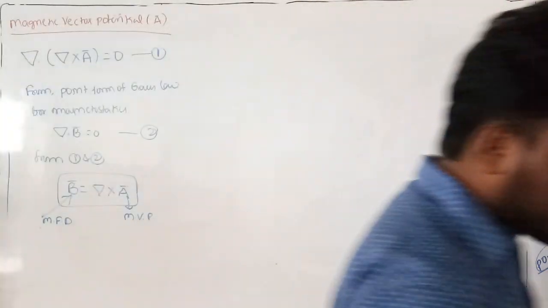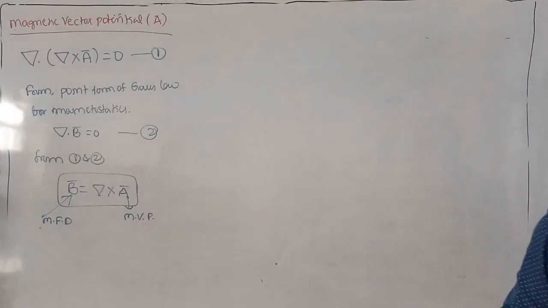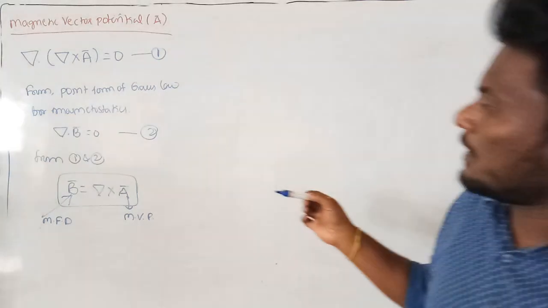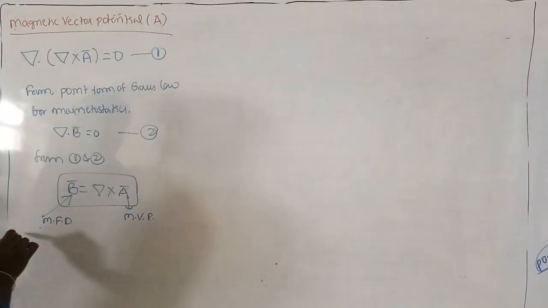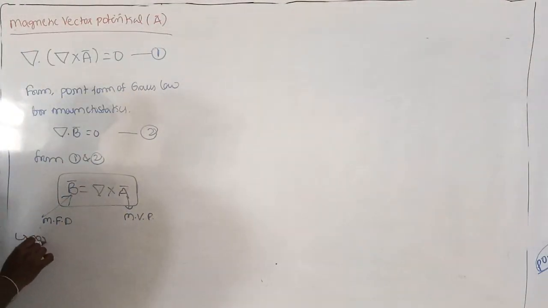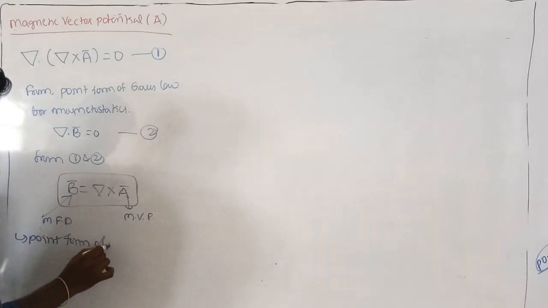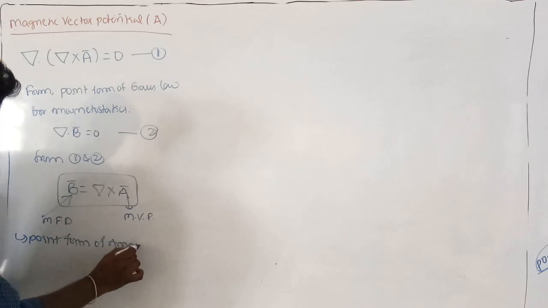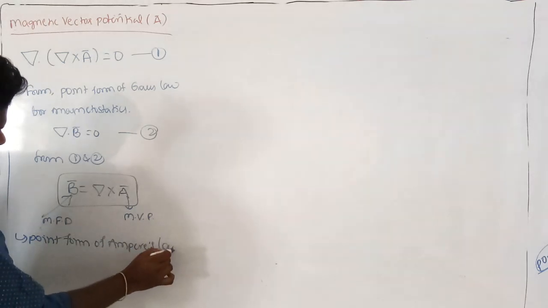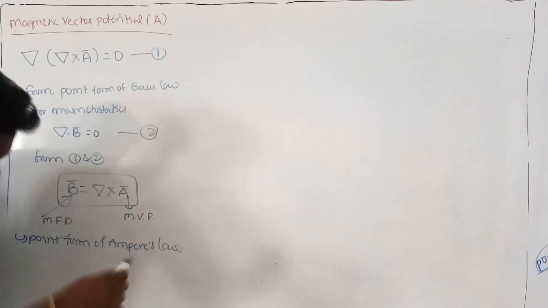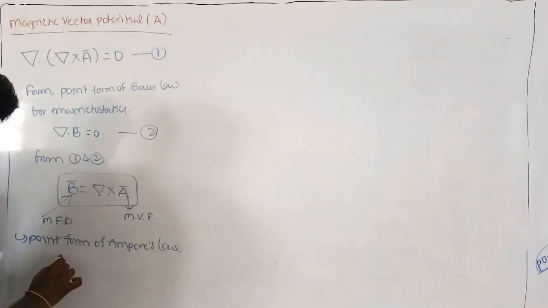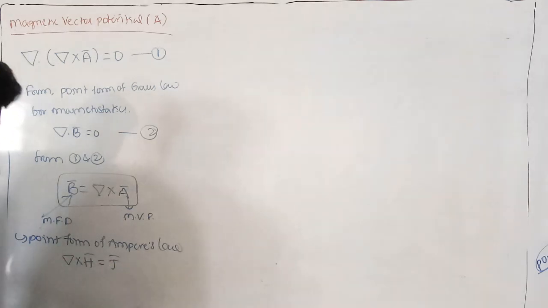The curl of the magnetic vector potential is the flux density. Now, from the point form of Ampere's law, what is the point form of Ampere's law? It is del cross H bar equals J bar.